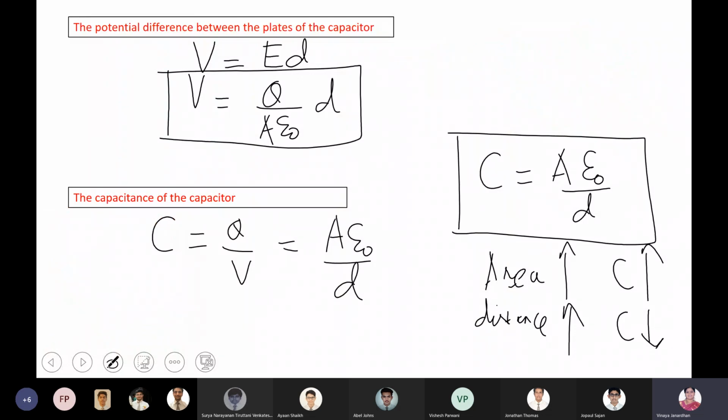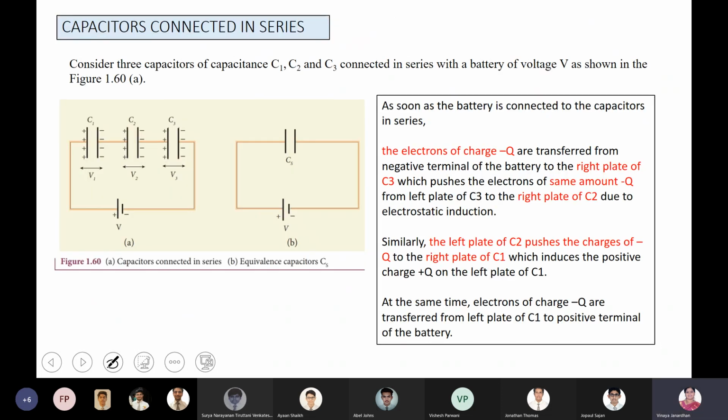It hardly needs 7 minutes for us to go through it. So that part will go when we are doing the theory part of your electric field. We'll start with capacitors connected in series.